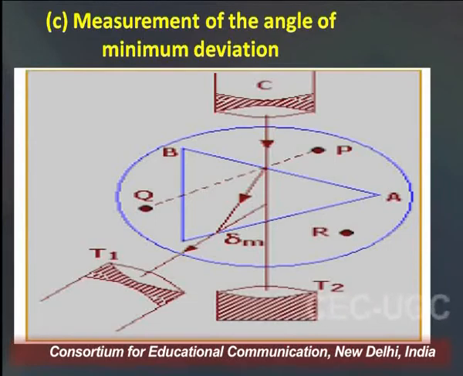We place the prism so that its center coincides with the center of the prism table, and light falls upon one of the polished faces and emerges out of the other polished face after refraction. And this telescope is turned to view the refracted image of the slit on the other face.